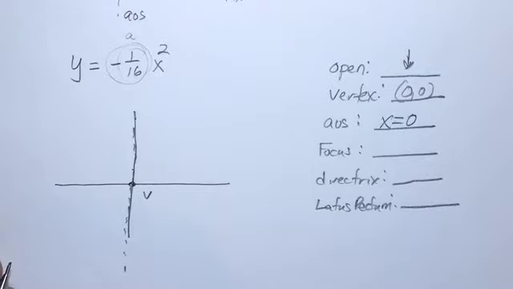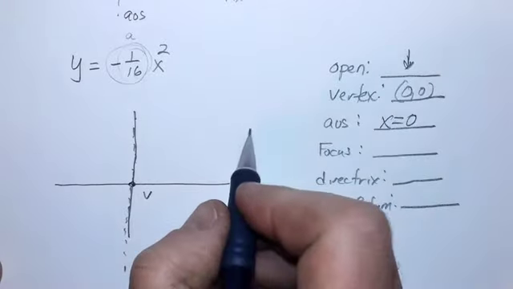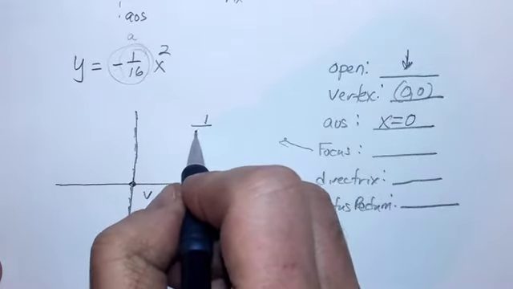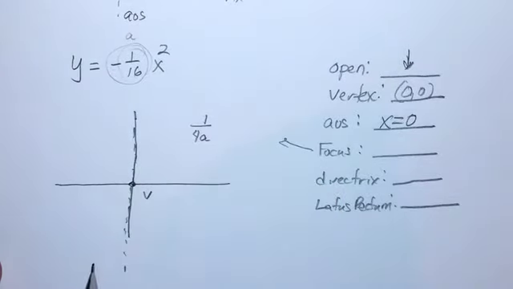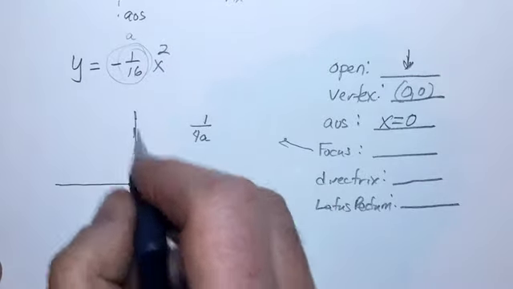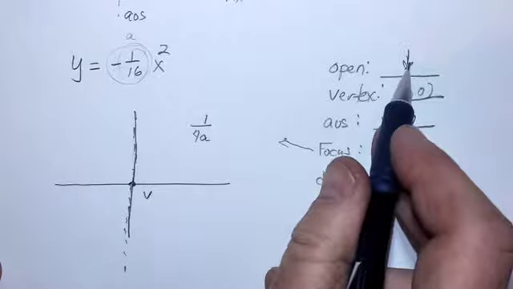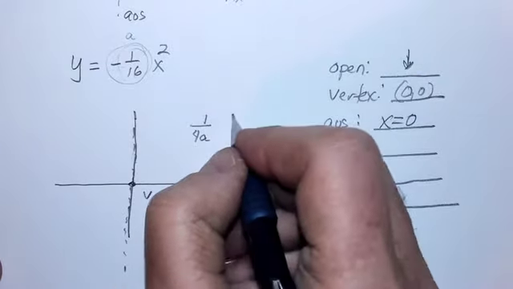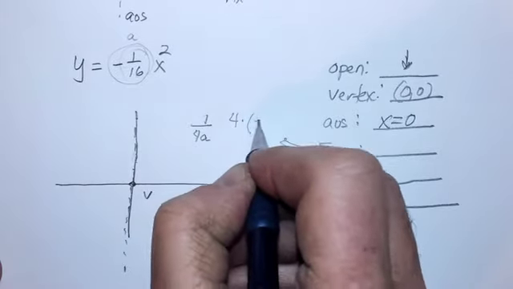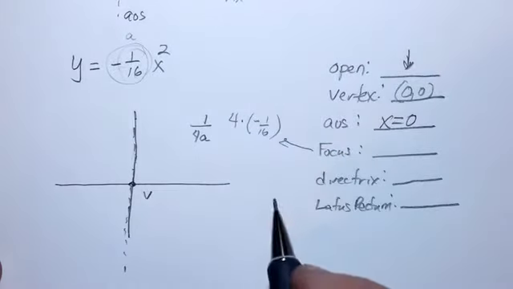To find the focus point, what you do is you find out what is 1 over 4 times a. And to do that, that's how far away the focus point is in the direction that it's going. And so what I usually do is just find out what is 4 times a. 4 times negative 1/16.